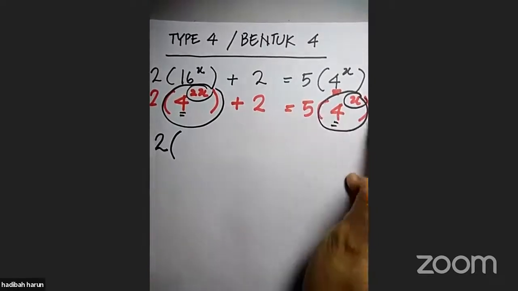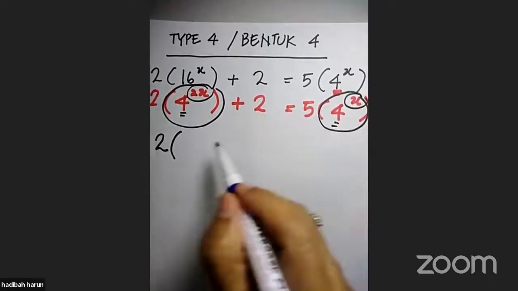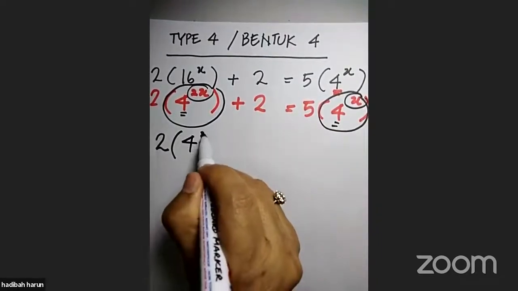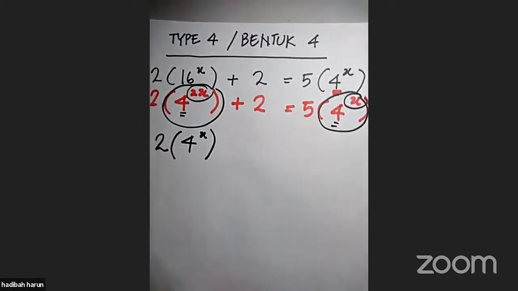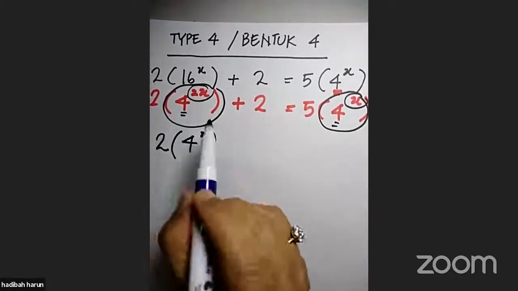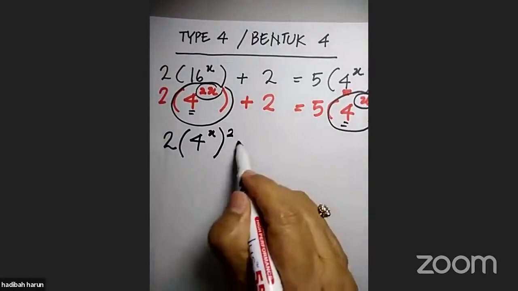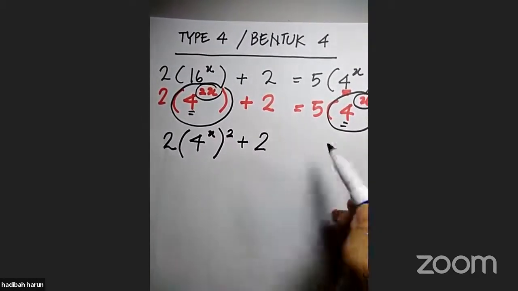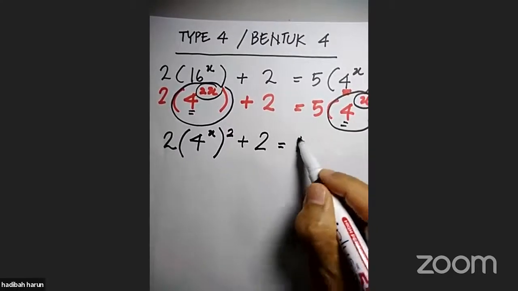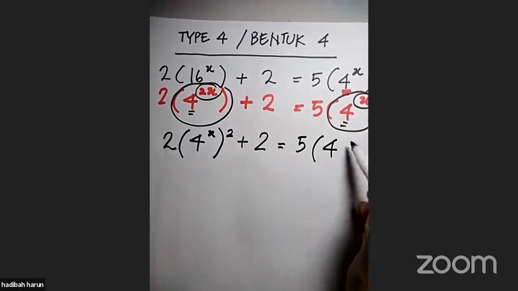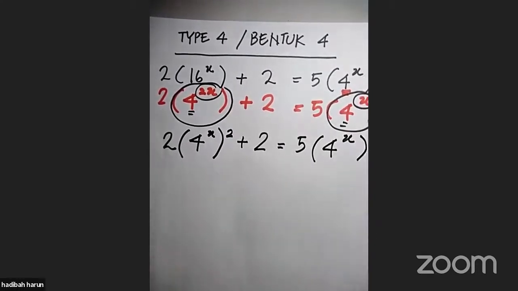Since we want to be like the term that is given, you retain x, you push 2 outside. Plus 2 equals to 5, 4 to the power of x.